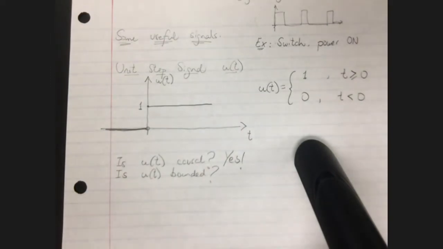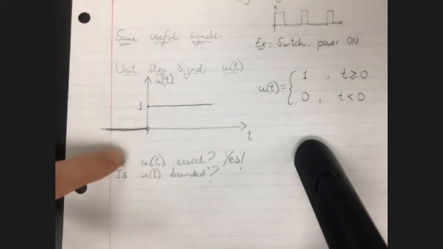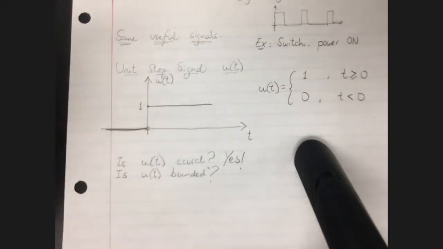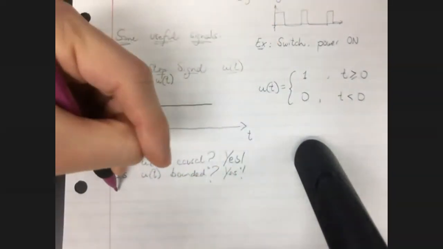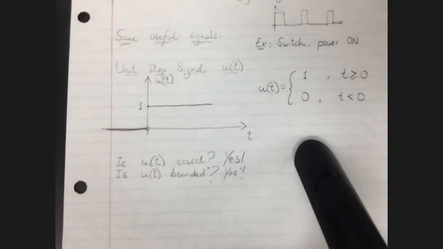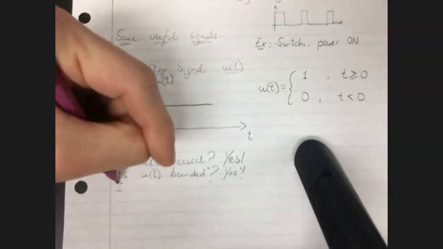Yeah, you guys can see it's going to be bounded as well, because it takes a minimum value of 0, maximum value of 1. So there's a clear bound to it. It's continuous time, definitely not discrete time. What else did we look at? Is it periodic?